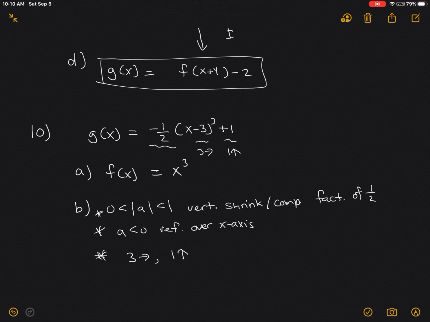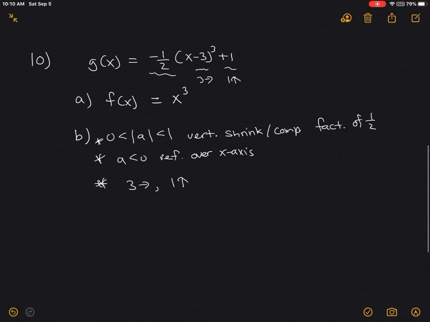All right, once we get that, on part C, we're going to sketch. And even though it says track 1 point, I'm going to track 3 points, because otherwise it's kind of hard to tell how we sketch it. So if you plug in for f of x, your parent function looks something like, well, let me plug in some points first. We'll call it (0, 0), (1, 1), and if you plug in negative 1, you also get a value of negative 1.